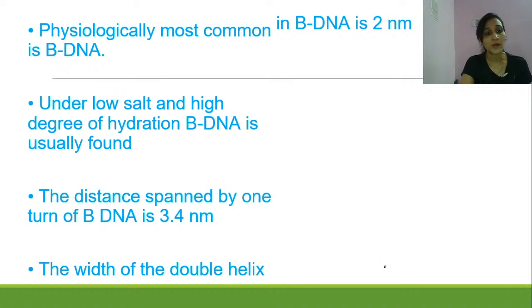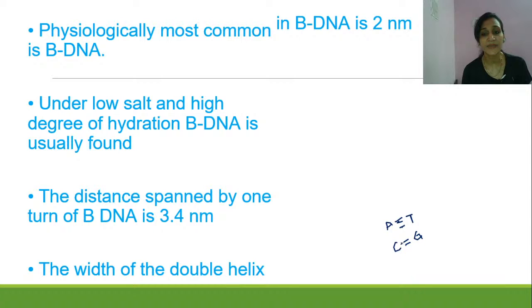Now, the distance we have seen between one base pair and another base pair, what is the height of the rise? The height of rise between two base pairs is 3.4 Angstrom and the width is 20 Angstrom.